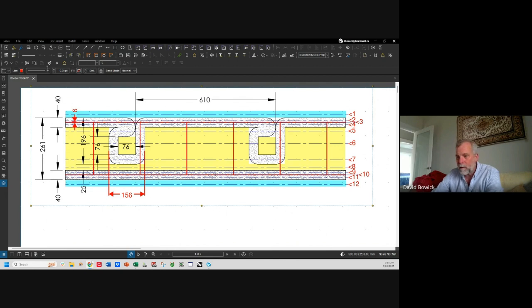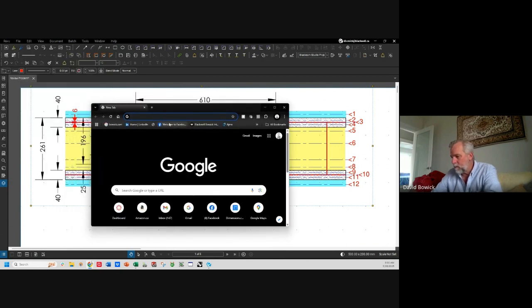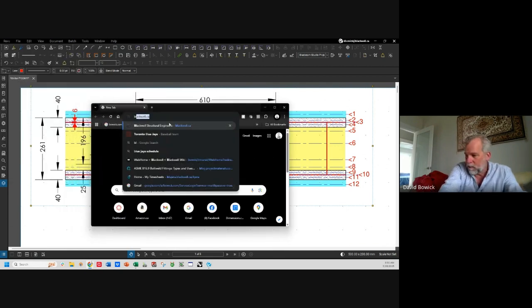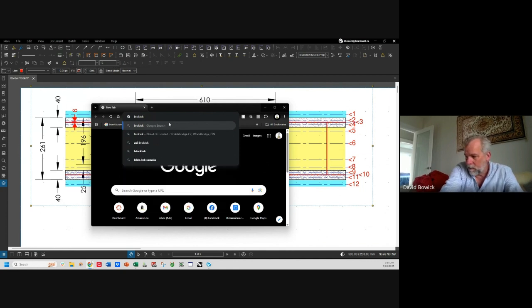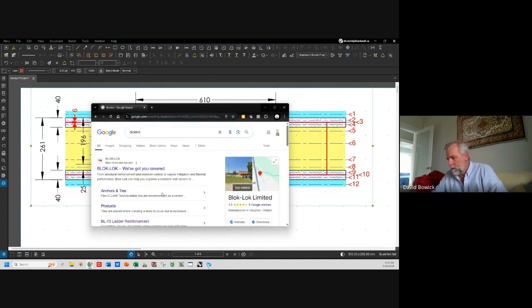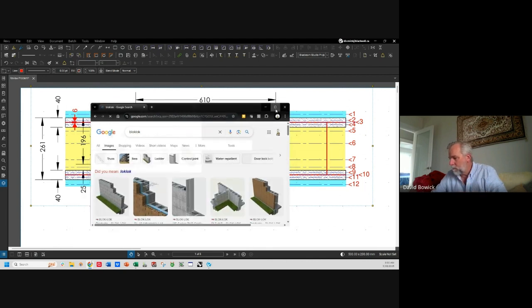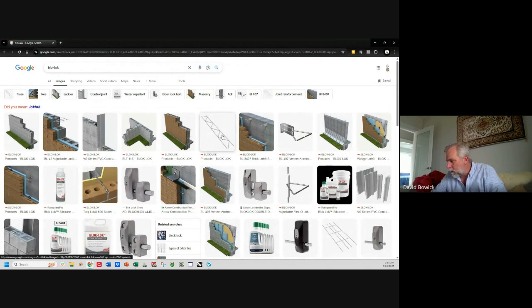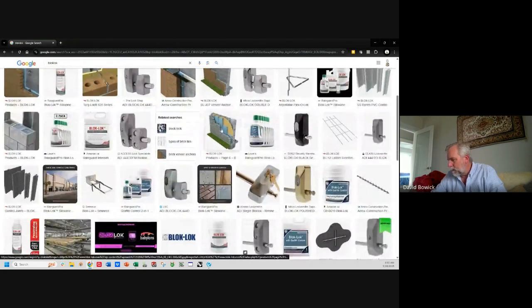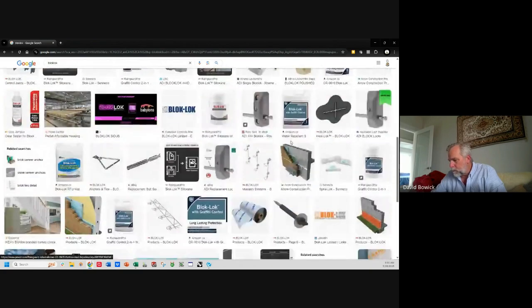This will be fun. Now you can see here, I can actually Google it. This is block lock. It's a ladder tie. This one has diagonal webs. This one has multiple interior webs.